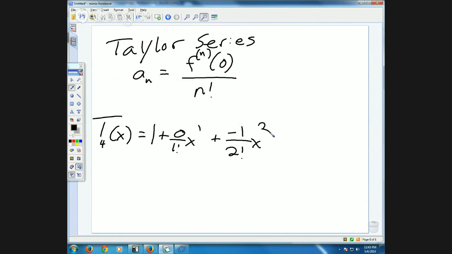What's the next term going to be? 0 over 3 factorial. I know that's 0, but I'm going to write it down anyway. And then the last term I care about at the moment is what? 1 over 4 factorial, don't forget the factorial, times x to the fourth.